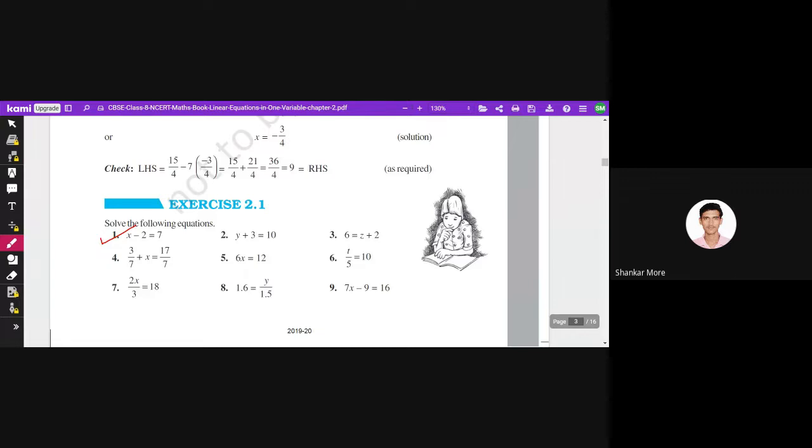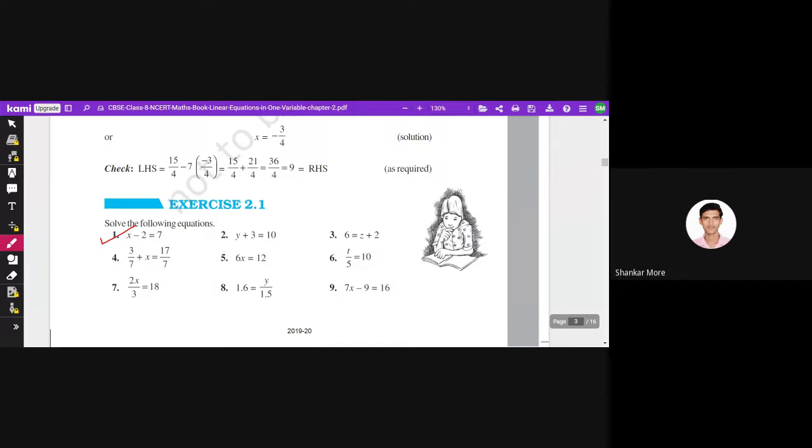Can we simplify this? 14 by 7 लिखना जरूरी है? Yeah, it can be written as 2. Is it? Fourth one का 2 है ना? Yeah, it's pretty simple.